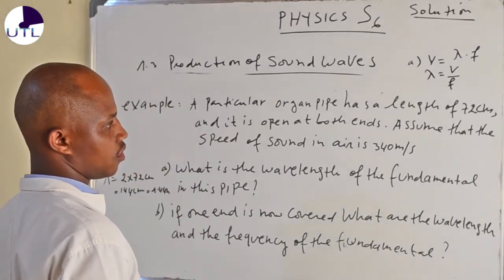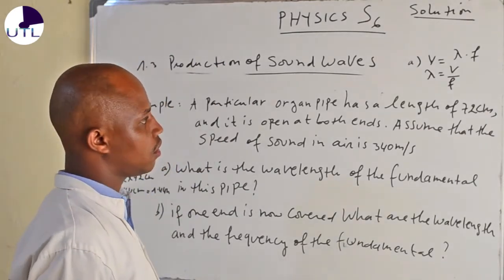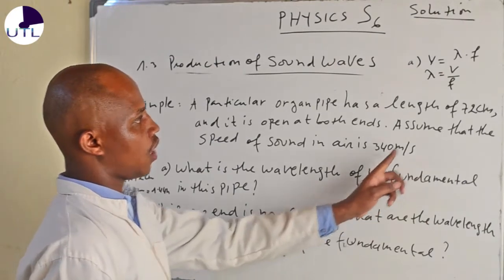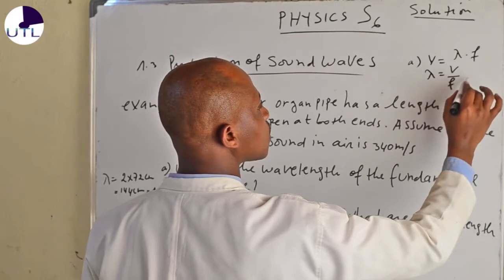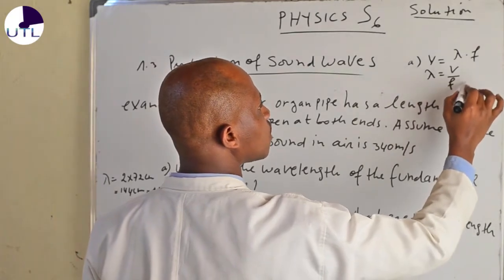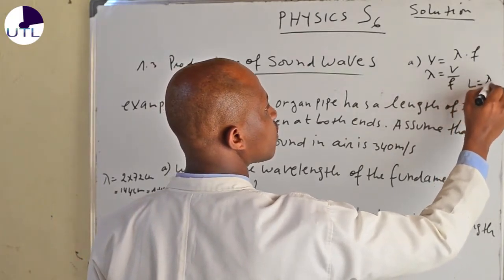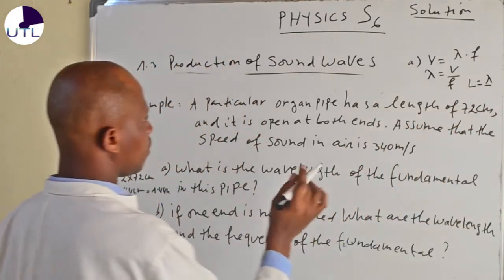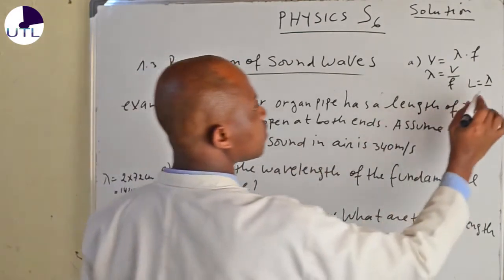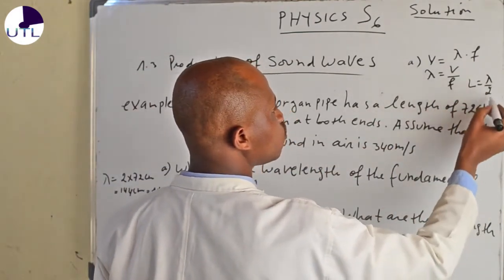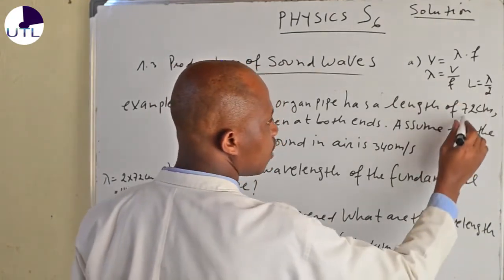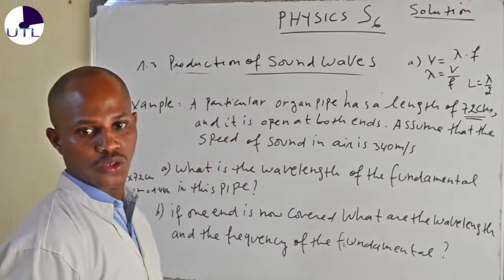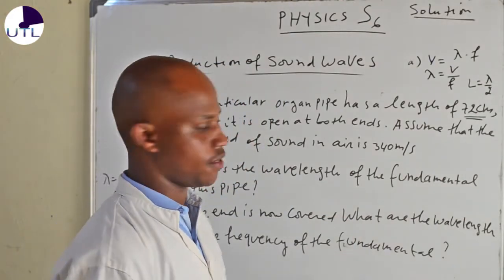But do you know the length? You have the speed and you have the length. And remember, for this case, it was open at both ends, the length is equal to wavelength divided by 2. So 2 times the length is equal to the wavelength. So far we know the length, which was equal to 72 centimeters.